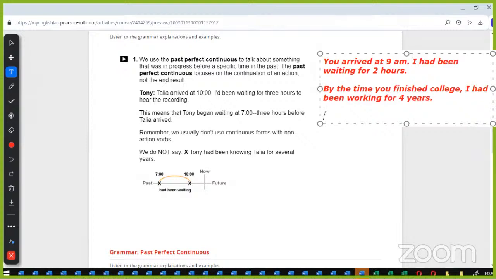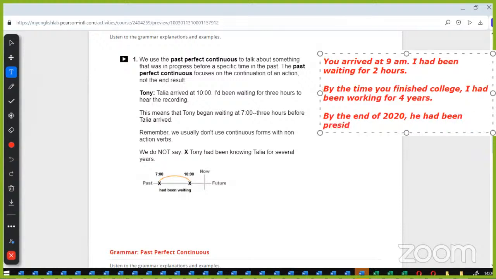Or by the end of 2020, he had been president for 3 years.